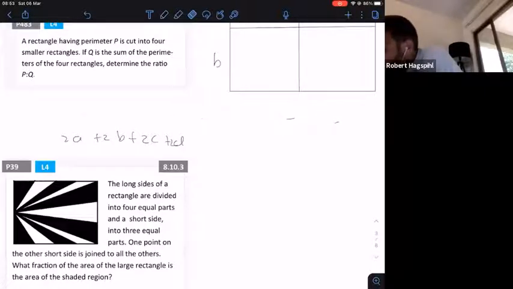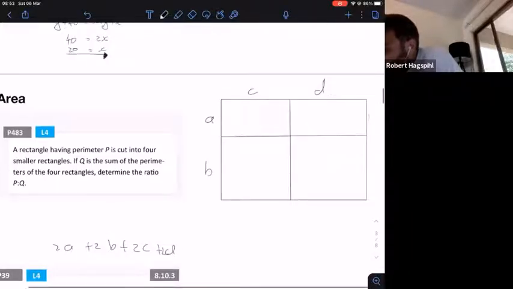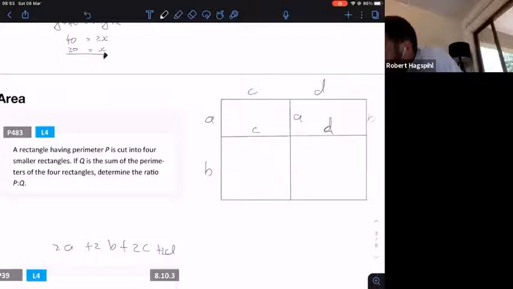If I look at the smaller rectangles now, this is also going to be C, that's going to be A, this is going to be D, and this is going to be A. For this rectangle here, I'm going to get 2A plus 2C. For this rectangle, I'm going to get 2A plus 2D.